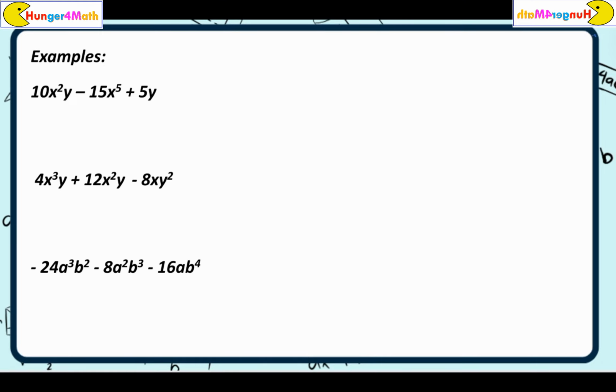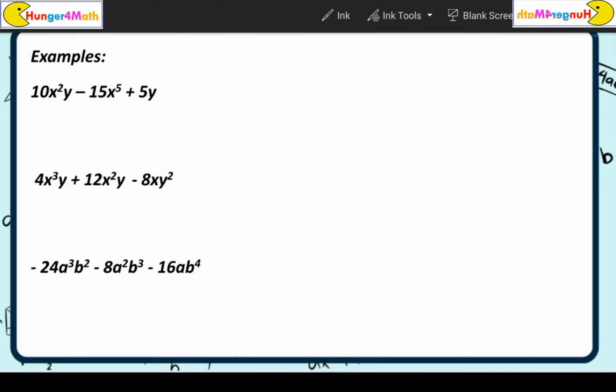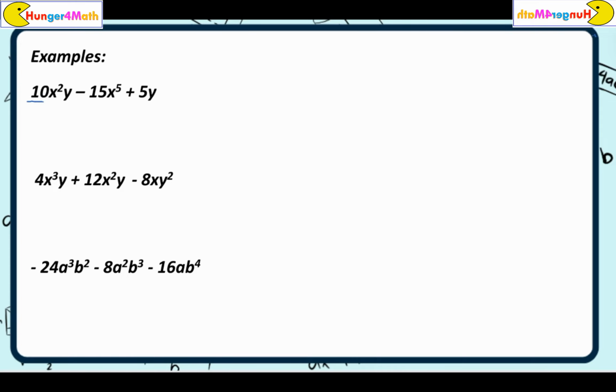The next set of examples is with two variables. Let's start by getting the GCF of 10, negative 15, and 5, and that is 5. For the variable x, the last term, 5y, doesn't have the x, so we cannot factor out the x. Same with the y, because we don't have y in the middle term.